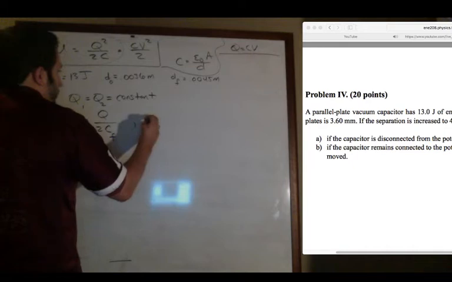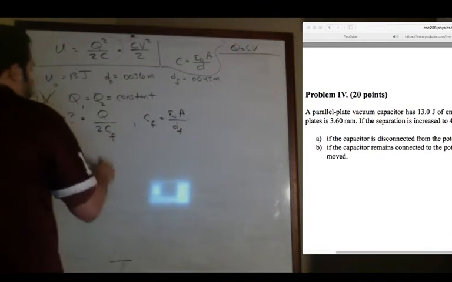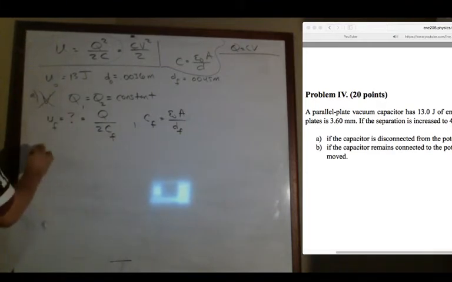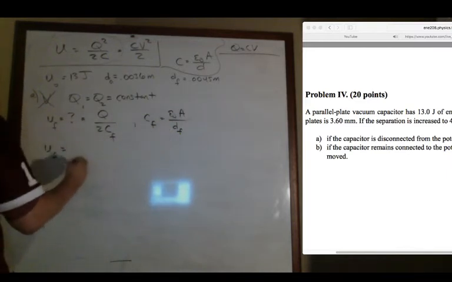Now we have a small issue. We have no way of finding this area. If I could find that area, just plug it in and you're done. We can't do that, so we got to get a little creative. Let's plug this equation into here. Whenever you divide by a fraction, it's as if you multiply by that fraction flipped.